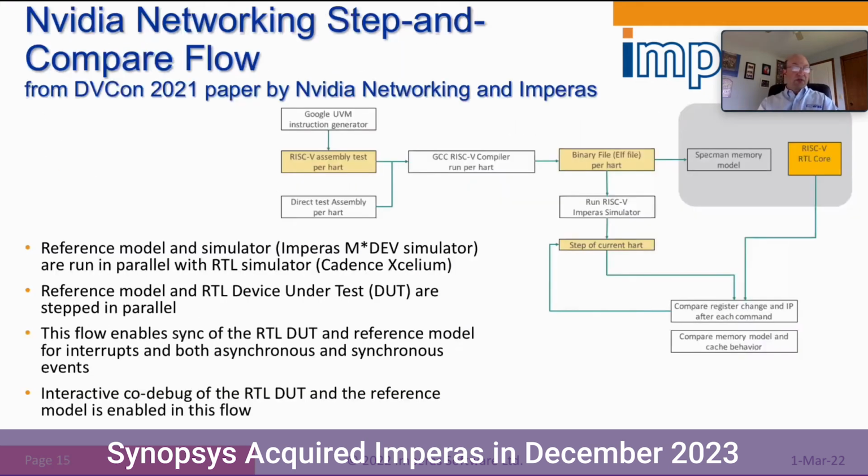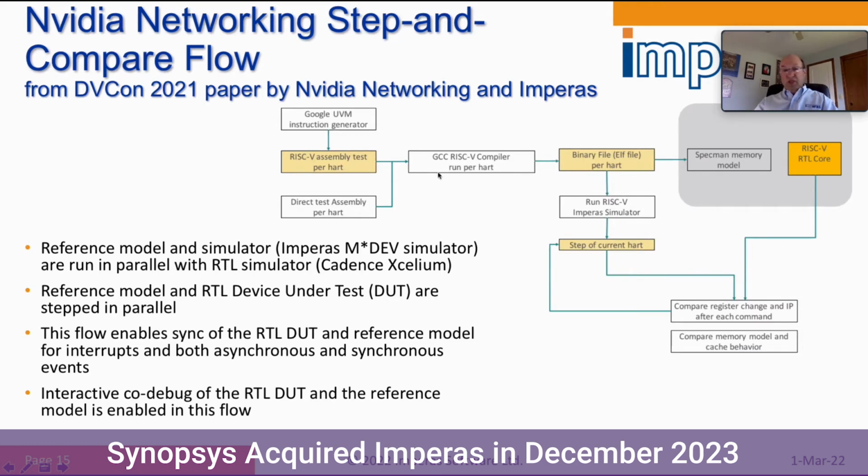Here's another example of this. This is NVIDIA networking step and compare flow. This is from the DVCon paper that we presented last year jointly, NVIDIA networking and Imperas. So this is completely different here. We see, well, the one similarity, the Google UVM instruction stream generator, and then taking this and running it through a compiler.